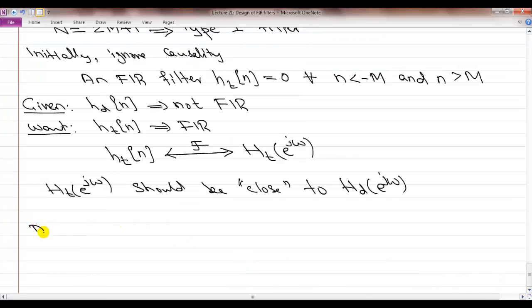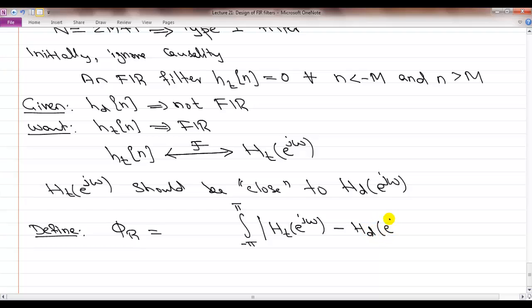So we'll define phi of r equal to, so since these frequency responses are periodic, we only care about going from minus pi to pi. And we take the absolute value of one frequency response subtracted from the other, absolute value squared, we integrate it, and then we take the average over the 2 pi region.